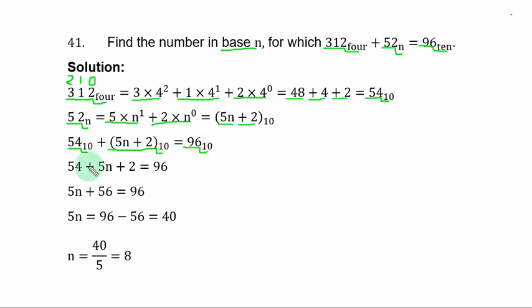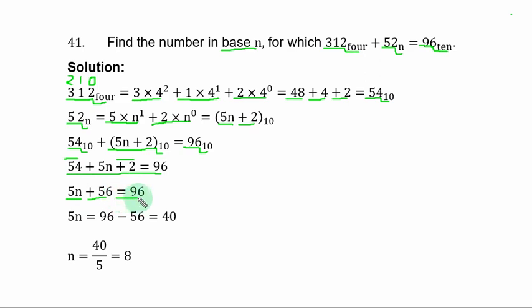You equate it to the right hand side. If you open the bracket, you have 54 plus 5n plus 2 equal to 96. You have 5n. You add the constants, 54 plus 2, that is plus 56 equal to 96.